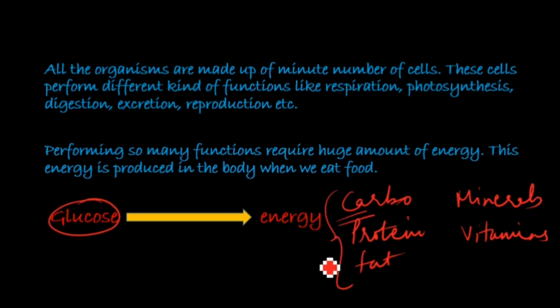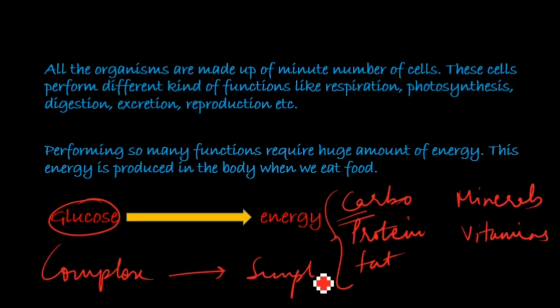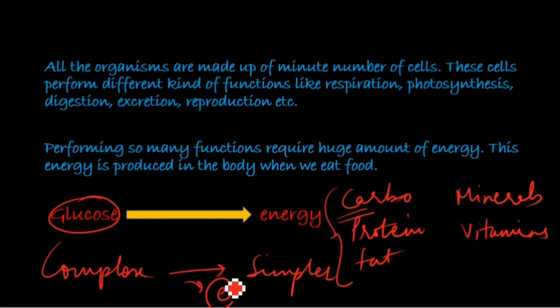Those complex substances have to be broken down with the help of oxygen or in absence of oxygen. And they break down into simpler substances, right? The complex substances break down into simpler substances and a fixed amount of energy is produced, right? This energy we use for our day-to-day life activities.